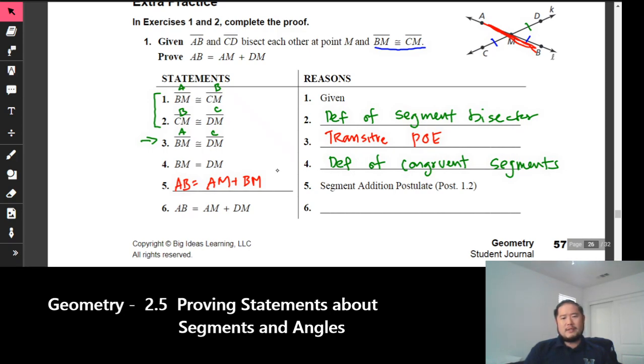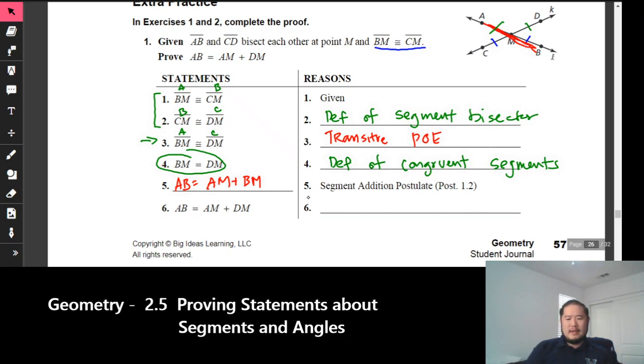Now we take a look at number 6, and I look right here. That's my last statement of what I'm trying to prove. Well, how do I prove that? If I take a look and I see the differences between statement 5 and 6, this BM and DM have changed. I see right here on statement 4, BM is equal to DM. And they should be, because remember, think about it, all these segments right here in our diagram are congruent to one another.